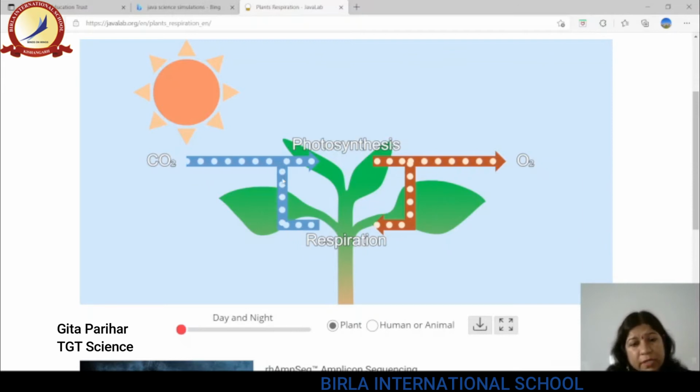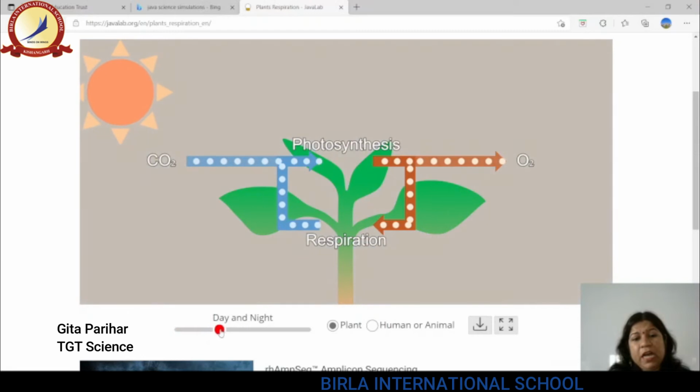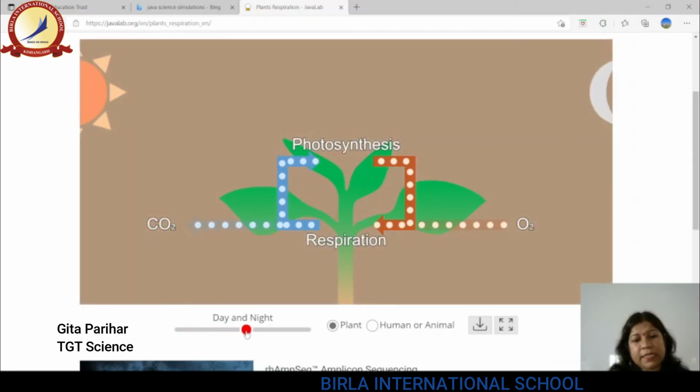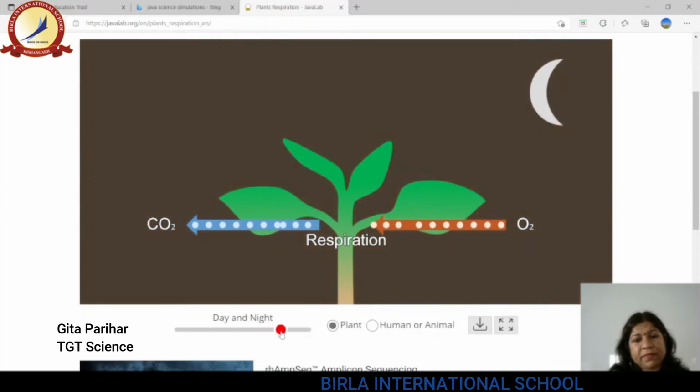So, we conclude that during the daytime, the plants are performing both photosynthesis and respiration, and plants are releasing oxygen to the atmosphere. Now, let's see what happens when the day progresses. When the day progresses and it is night time, the plants are not doing photosynthesis.